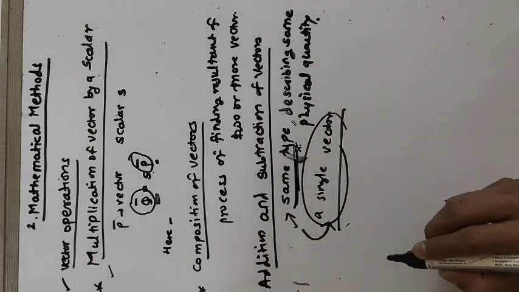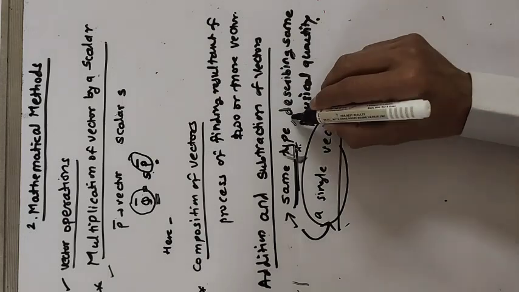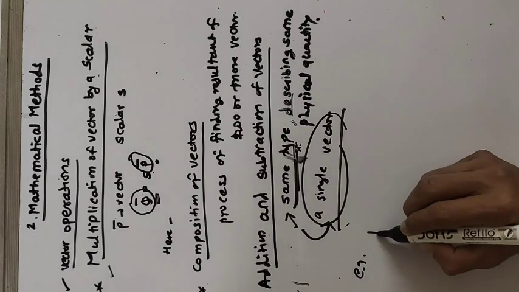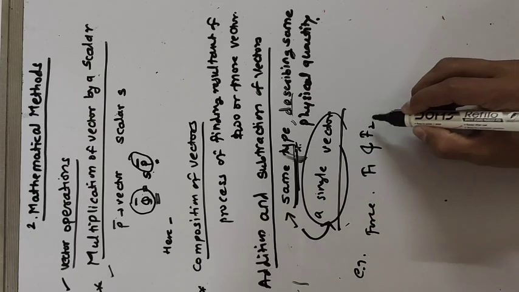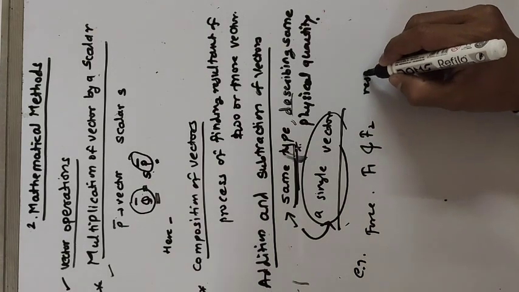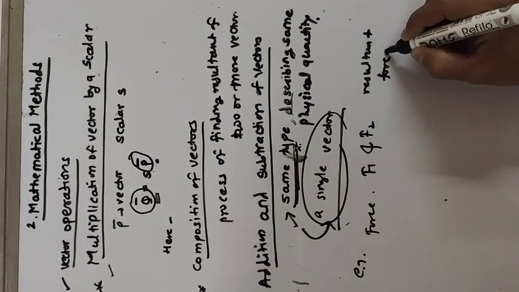This is the first condition, that only vectors of the same type describing the same physical quantity can be added. Example, force. F1 and F2 are two force vectors that can be added to give a resultant force F bar.